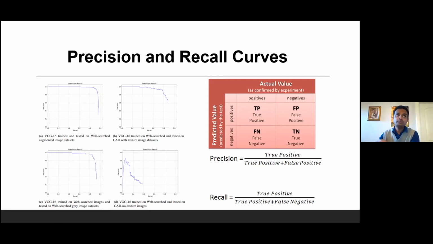True positive means, okay, if I want to detect a CubeSat, and once I feed the input, my algorithm detects the CubeSat, it's a true positive. Can you remember in the beginning, I told you to pay a little extra attention to the first video?